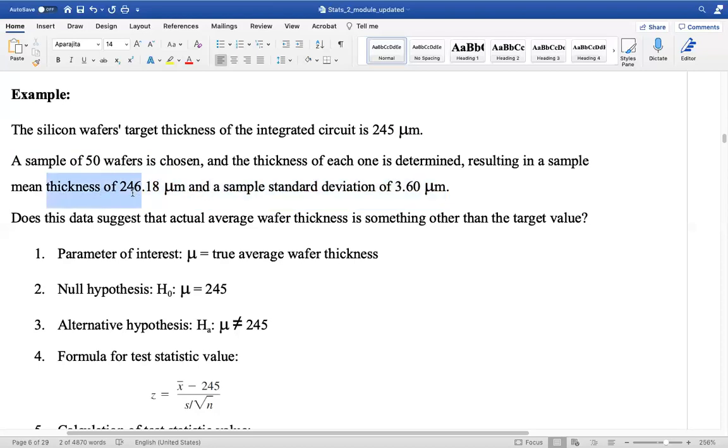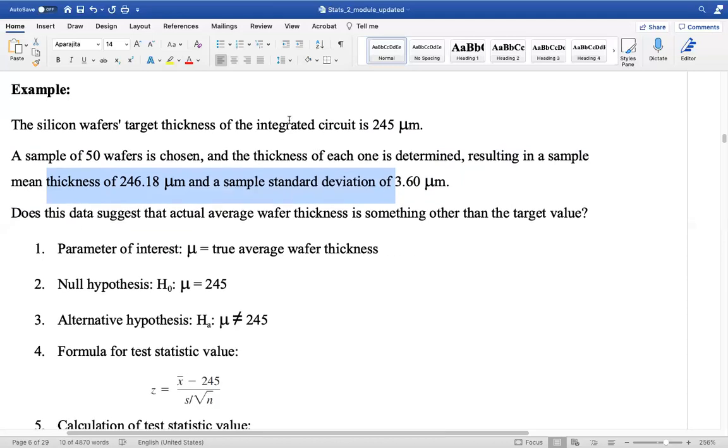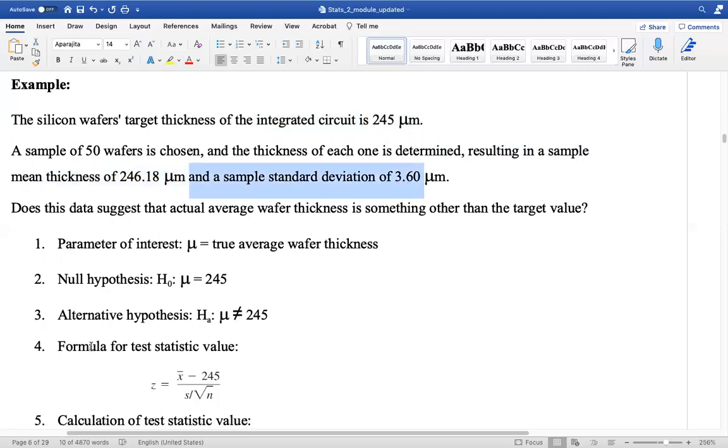Whenever we know the sample mean and the population mean, we can go for the z test. Moreover, if the samples are more than 50, then we can go for the z test.